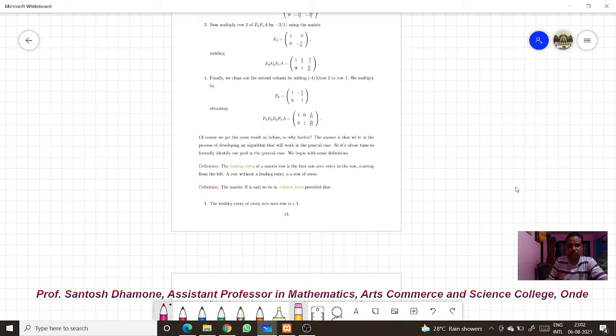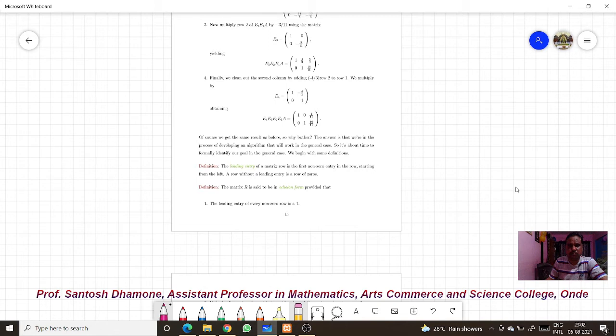First row first column: 1 plus 0, so 1 0. Next we write 4 by 3. Next element is 5 by 3. Second row first column we get minus 2 plus 2.